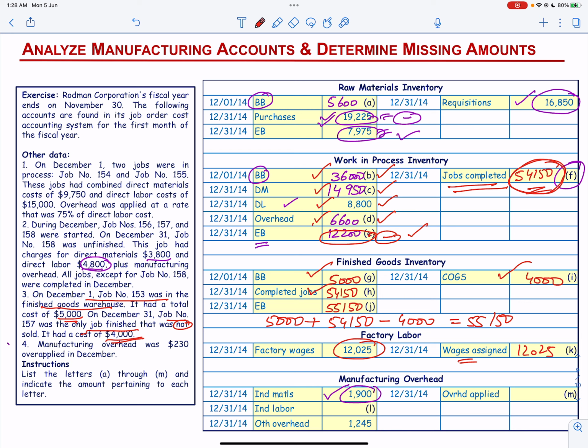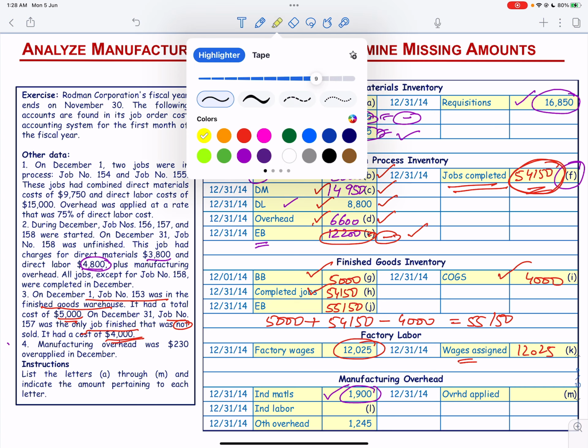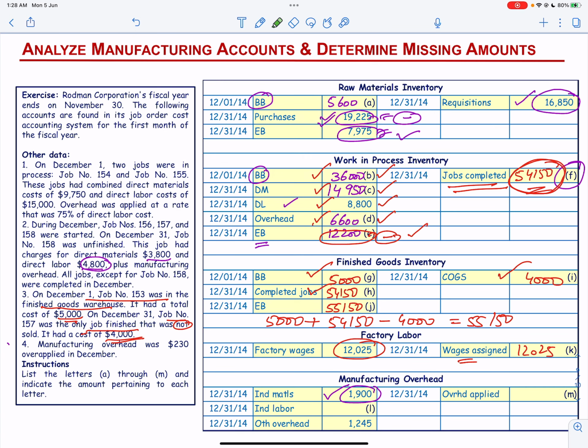Now we have the factory wages of 12,025, and we have the direct labor of 8,800. So 12,025 minus 8,800, this will give us 3,225 as the indirect labor.